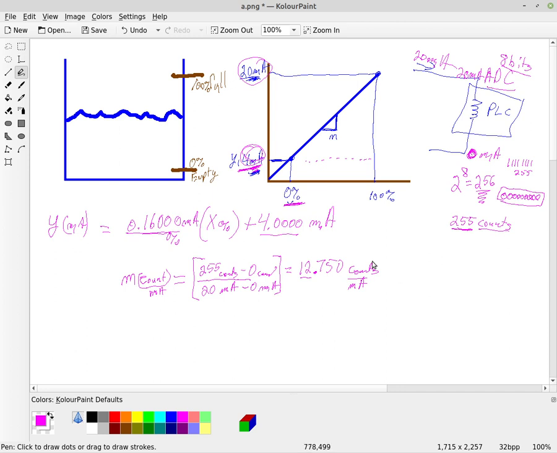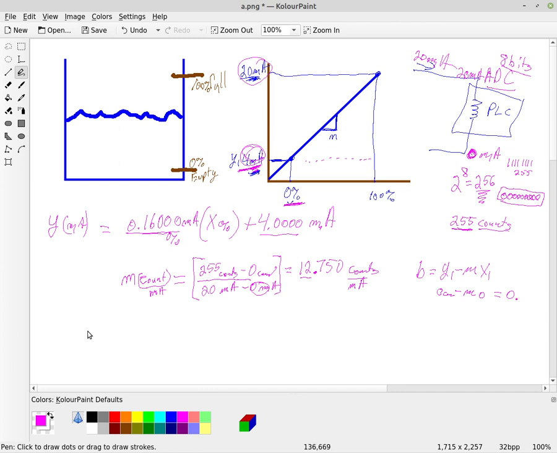All right, and then if we look at the intercept, B is y1 minus m times x1. Well, x1 is 0 milliamperes, and y1 is 0 counts, so you'd have 0 minus m times 0, so your B ends up simply being 0. All right, but remember we need 5 digits for that.